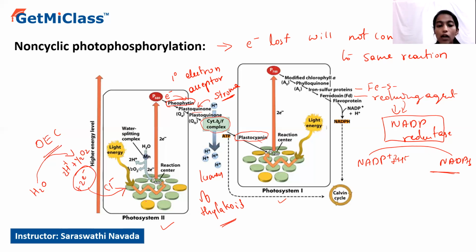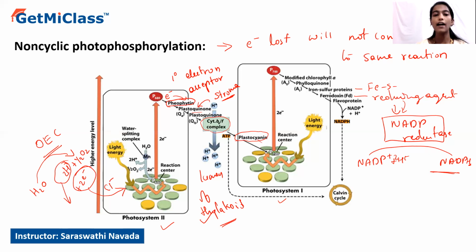That is how the electron hole created during non-cyclic photophosphorylation will be fulfilled in photosystem 2. And here the hydrogen ions that are formed will also be released to the lumen of the thylakoid itself. So that is regarding non-cyclic photophosphorylation.